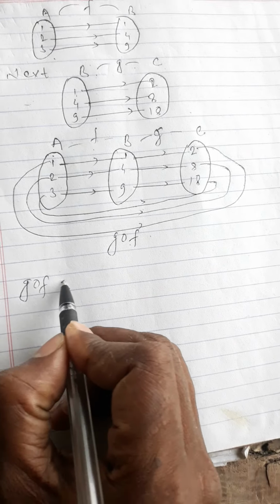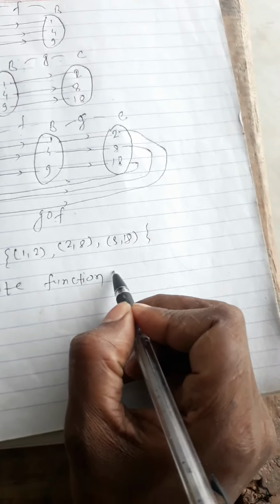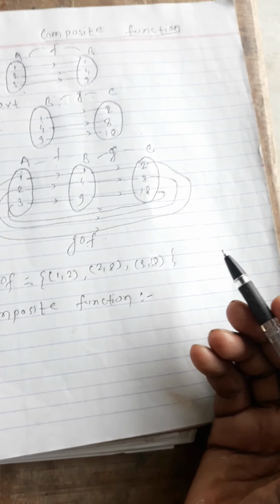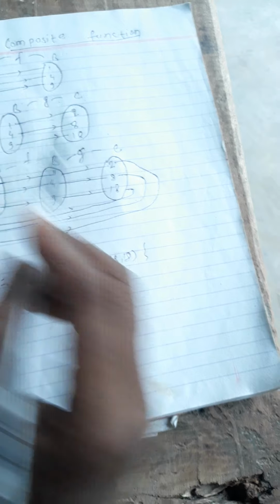Okay, now let's write the definition. The definition is also very necessary, because in the examination it is usually asked. So you can define composite function as follows: at first you have to take two functions.